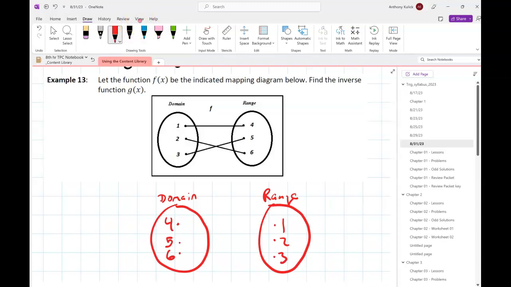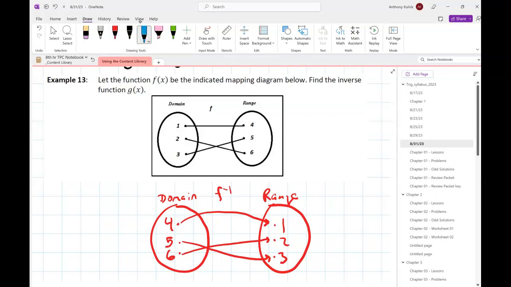Where does 4 need to go? Back to 1. Where does 5 need to go? Back to 3. Where does 6 need to go? Back to 2. And this is my f inverse. I'm done.